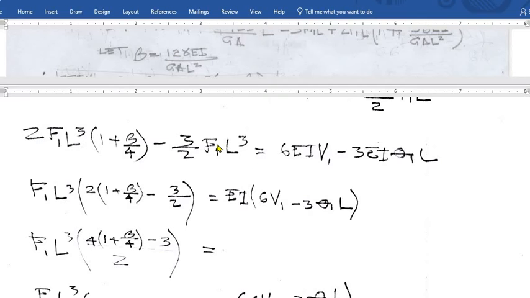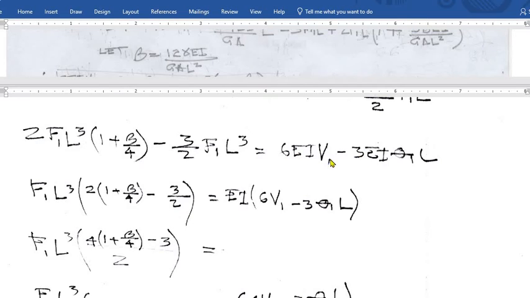And then, notice here at the left part of the equation, F1L cube is common. So, 2 times the quantity 1 plus beta all over 4 minus 3 halves. And then, dito sa right term, common din si EI.